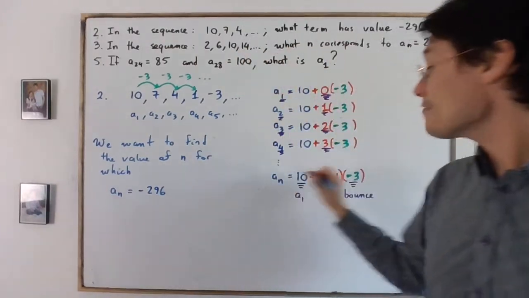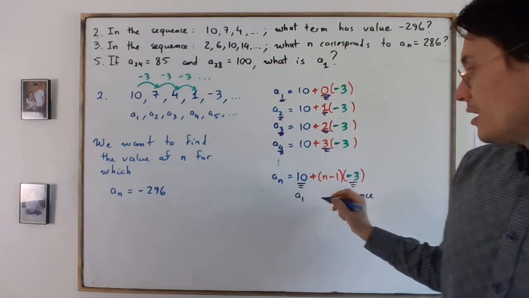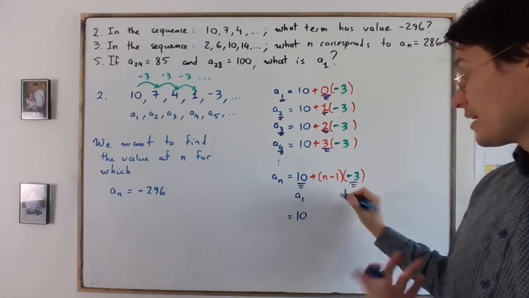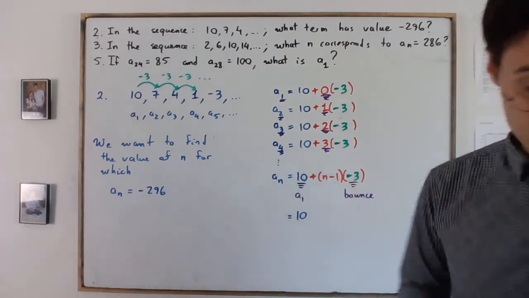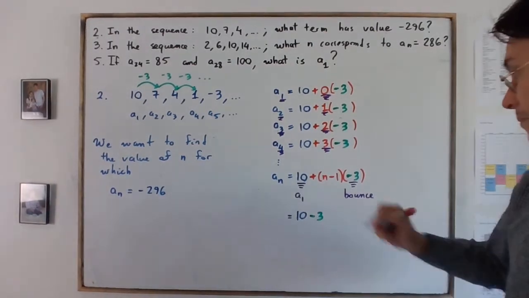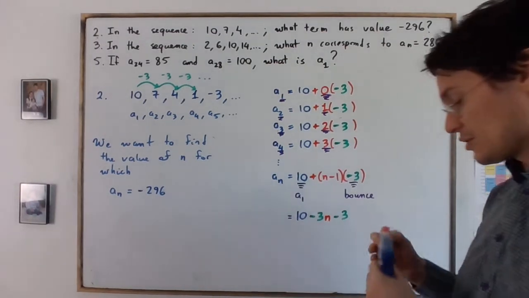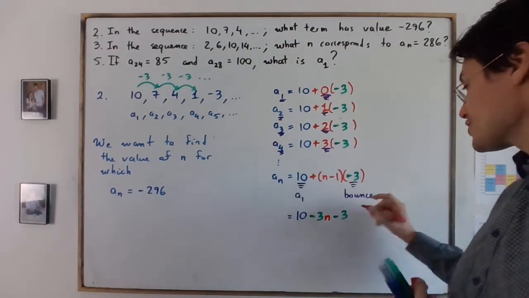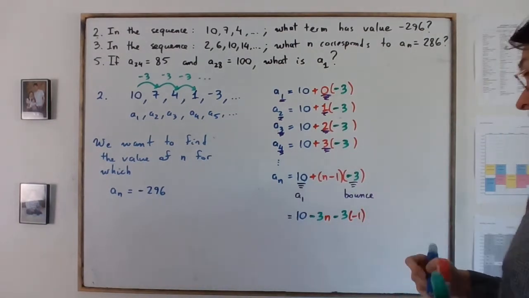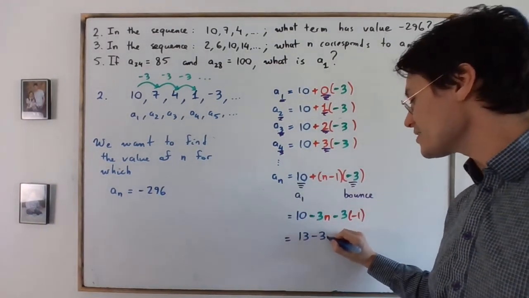Now we have a formula for An. An is written over here. Well, we could simplify it a little bit, right? We're going to distribute the negative 3. So we're going to have negative 3 times n minus 3 times negative 1. So you could simplify it a little bit just so that answering this question is slightly easier. And as you can see, simplifying that, 10 plus 3, 13, you get 13 minus 3n.